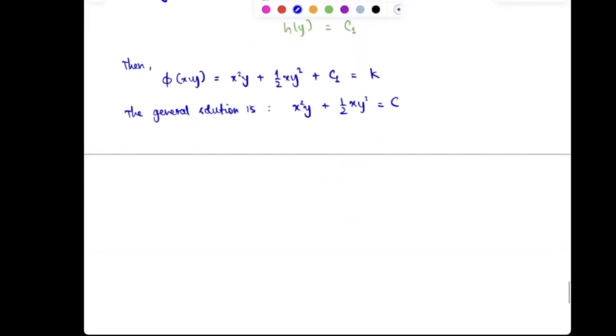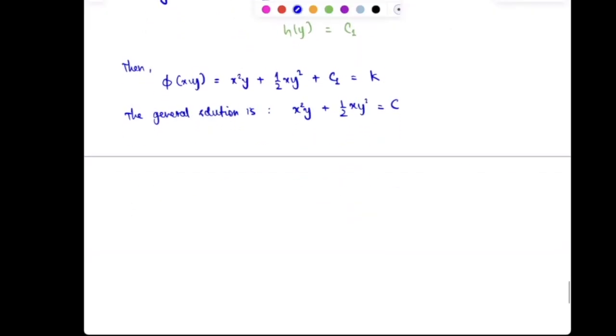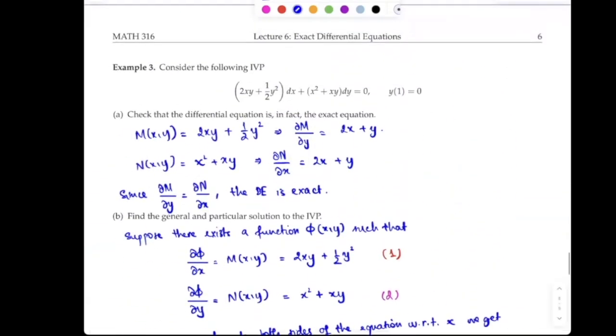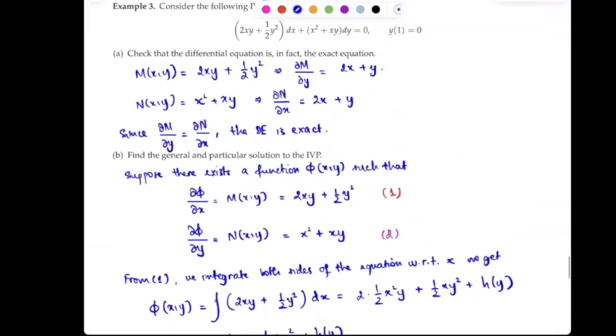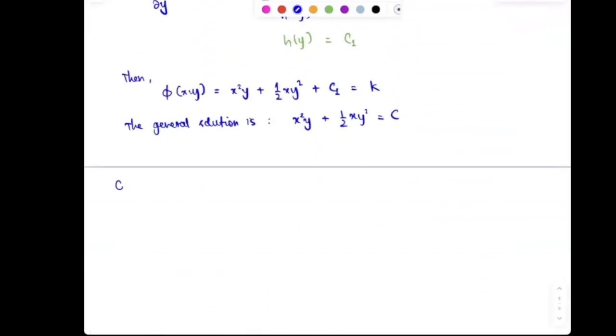Now we're going to use the initial condition to find the particular solution. The initial condition in this case is y of 1 equal to 0, so x equal to 1, y equal to 0. Given y of 1 equal to 0, we get 1 squared times 0 plus 1/2 times 1 times 0 squared equal to c, so c is equal to 0.